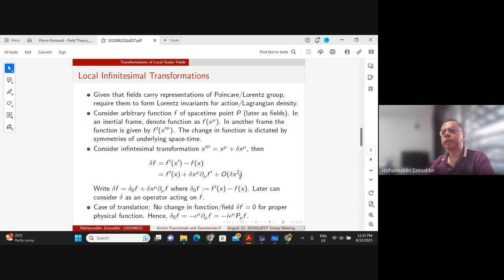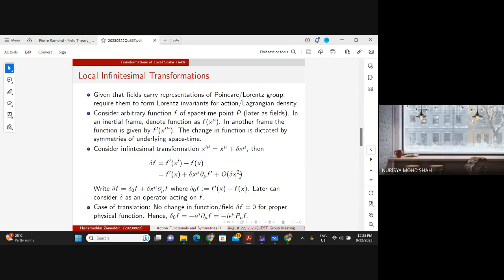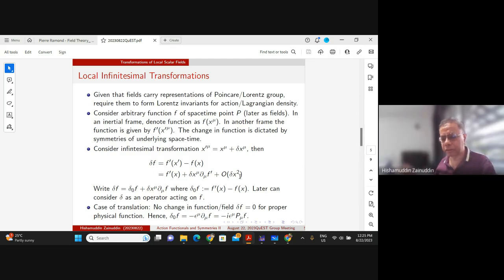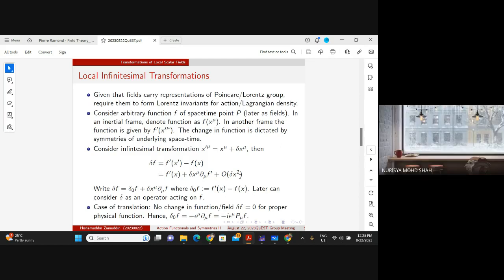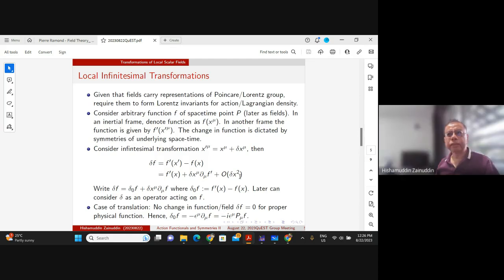If the physical function depends on the origin of the coordinate, then it's not quite a good function itself. Okay, so if it does not depend on origin, meaning you can now simply use any coordinate systems, okay?